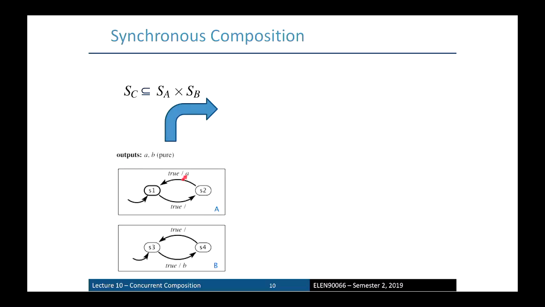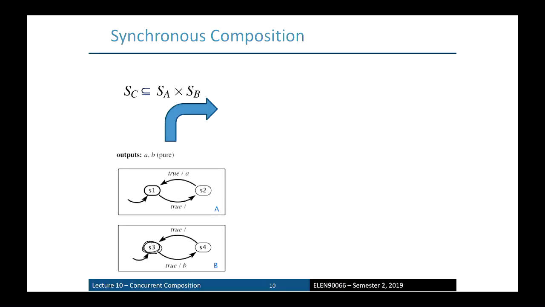State machine A has an output A, state machine B has an output B. To get rid of any confusion, the states are labelled differently between the two, but they're independent. One other thing I should point out is the default state for state machine B. I want to compose these into an overall state machine that represents the behaviour of both of these in one go.